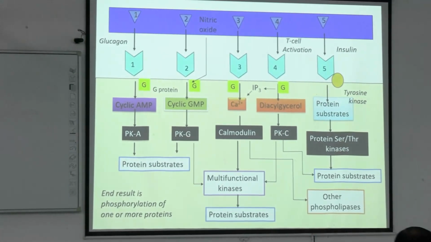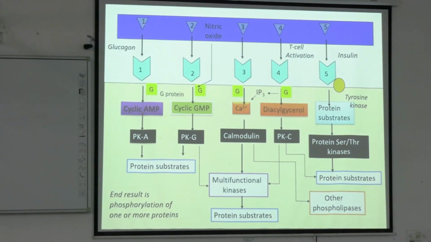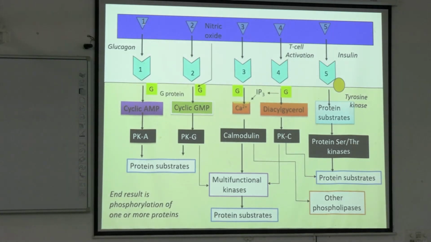So calcium, calmodulin, and then multifunctional kinases are activated and protein substrates are produced. The same thing will happen in the case of diacylglycerol. The activated G protein might produce diacylglycerol and IP3, inositol triphosphate.